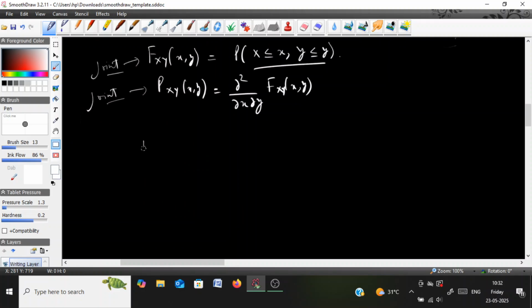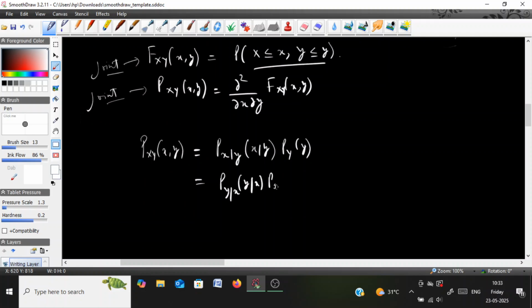So if you use the Bayes rule, we have that pxy of x, y, that is the joint PDF of x and y, can be written in terms of the conditional probability density function, that is probability of x given y, multiplied with the probability of y. Or it can be written as the conditional probability of y given x multiplied with the probability of x, and so on.